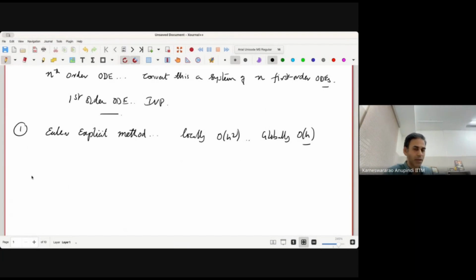That is the Euler's implicit method. In addition to this, we also looked at the Taylor series method, in which the higher order derivatives are calculated.